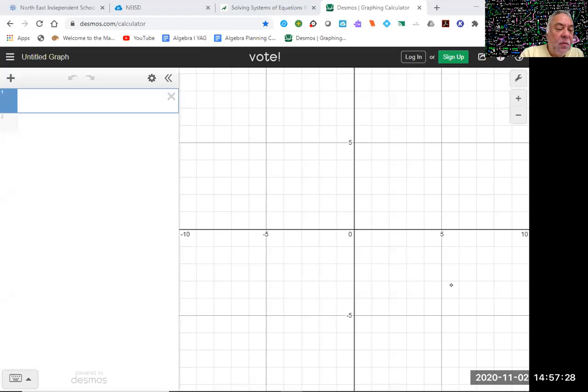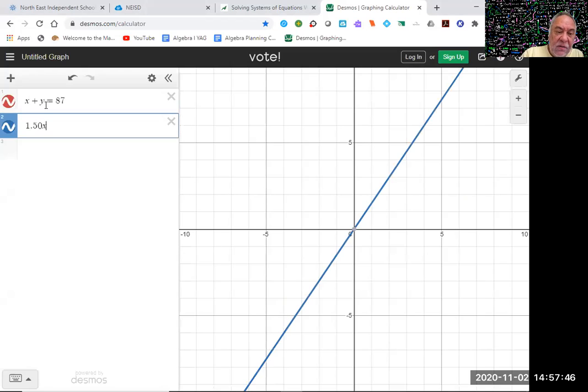Well, if we use Desmos, the calculator, we can say x plus y is equal to 87. The next one, 1.50x plus 0.50y, and you don't have to put the 0 before the 5, is equal to 78.50.